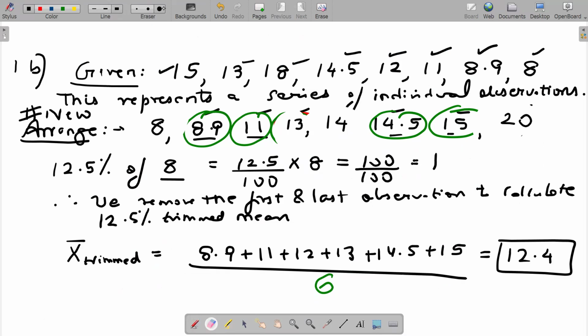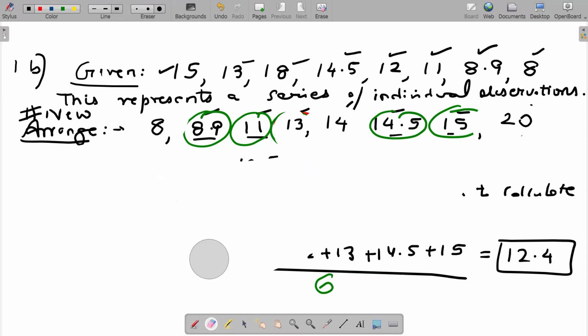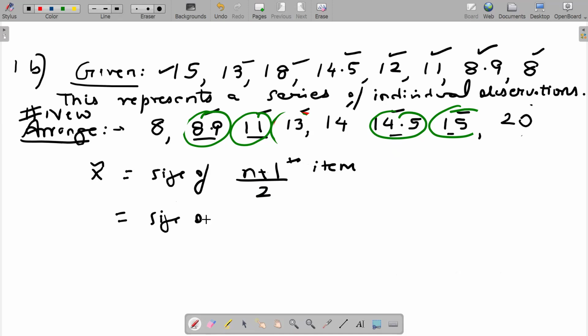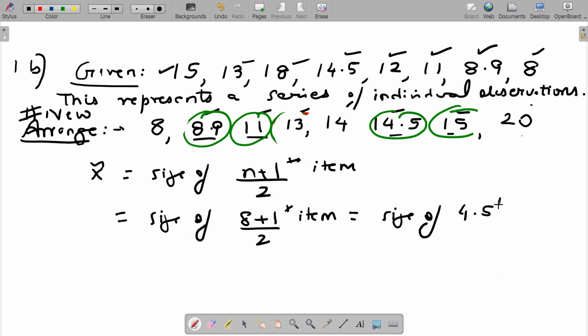And now calculating the median is again very easy. We have to apply the same formula, right? The formula will not change. Our median x tilde will again be the size of the (n plus 1) over 2th item. The data is already in ascending order. N is 8. So 8 plus 1 over 2 is the 4.5th item.